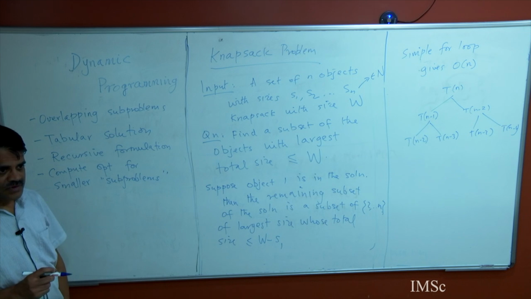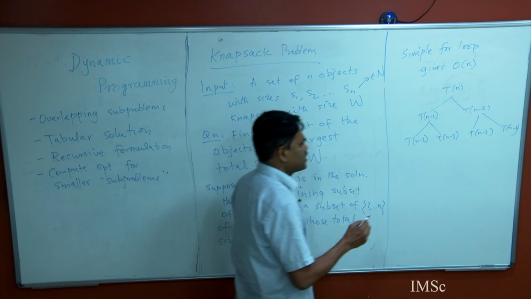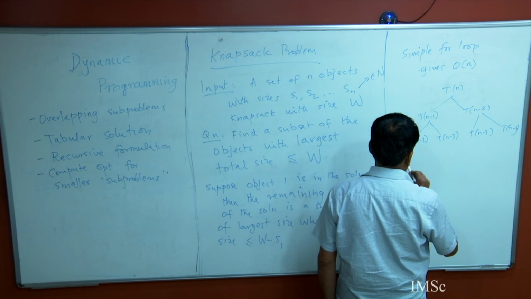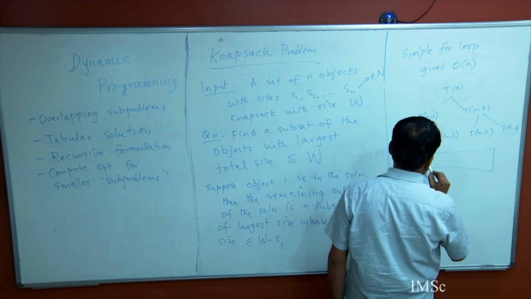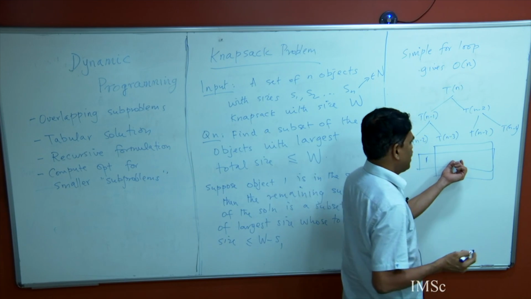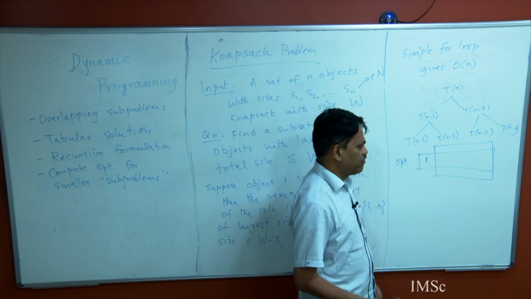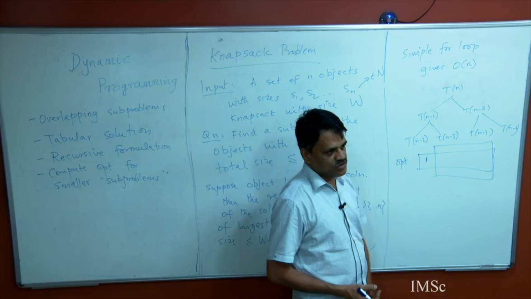Why is this true? Right. So here is my opt. This is my opt set, and I tell you 1 is there. And what I am claiming is that this remaining thing is of the largest size among those whose capacity is at most W minus S1.